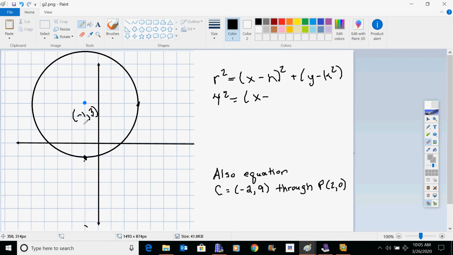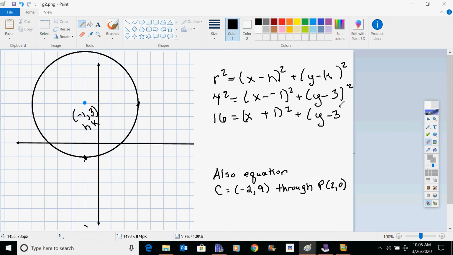So h is negative 1 and k is 3: x minus negative 1 squared plus y minus 3 squared. So your equation would be 16 equals x plus 1 squared plus y minus 3 squared.